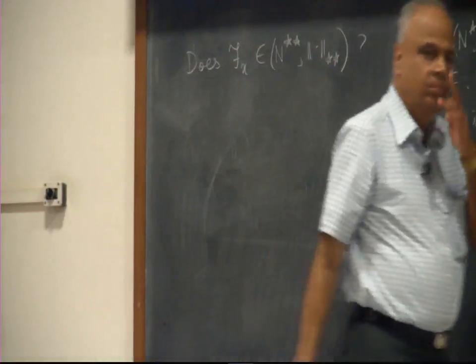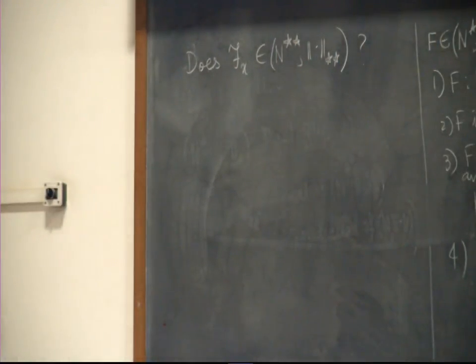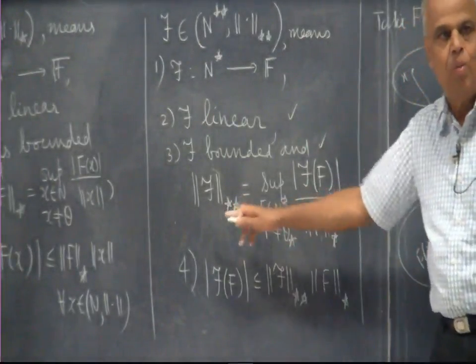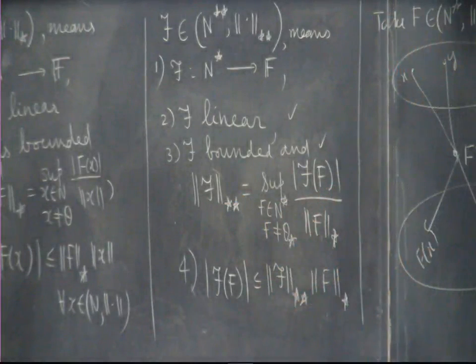That's the question. The moment I have a functional on some normed linear space, immediately I ask whether it's a linear functional, whether it's a bounded linear functional, and so on and so forth. So if it has to be there, I want to check this and this. Once these are satisfied, this is automatic. This is how the norm is defined, and this is how it happens.